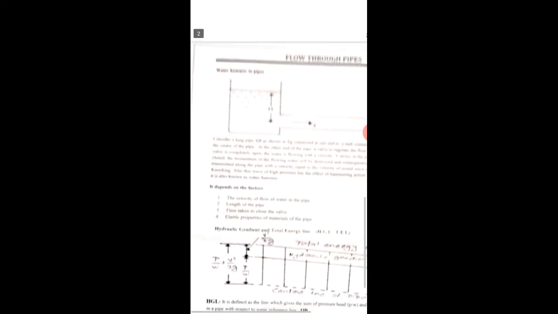So that is called water hammer. Water hammer depends on these factors: first the velocity of flow in the pipe and length of the pipe, the time taken to close the valve, and the elastic properties of the material of the pipe.